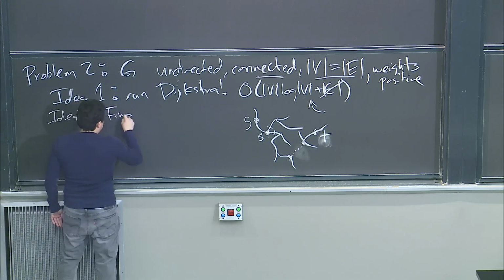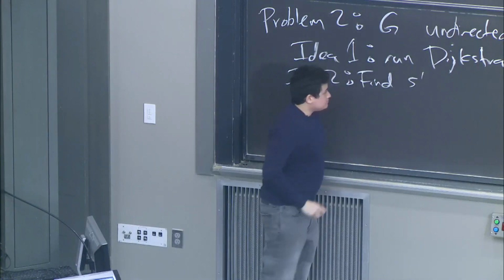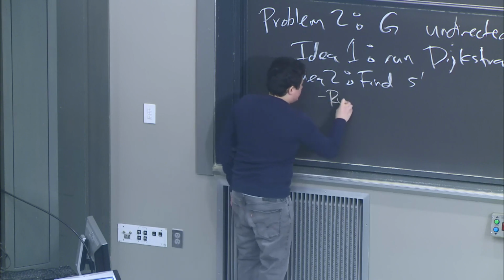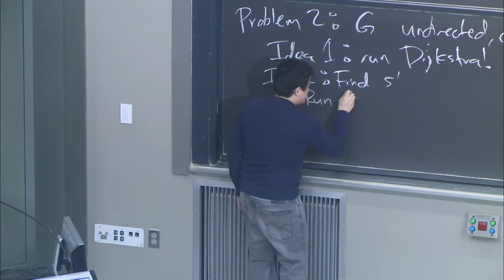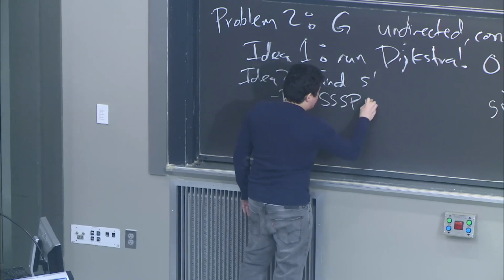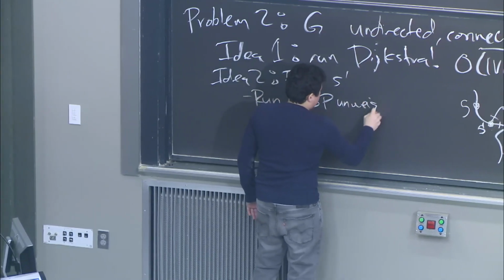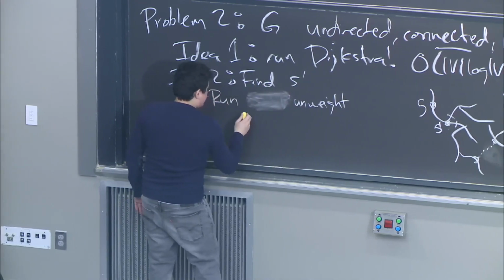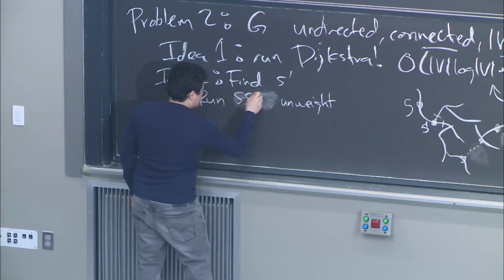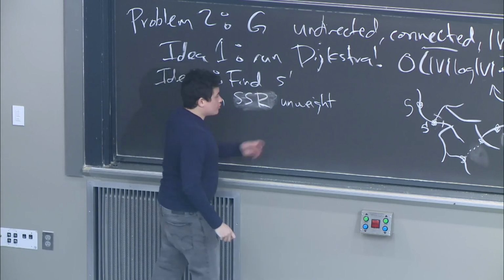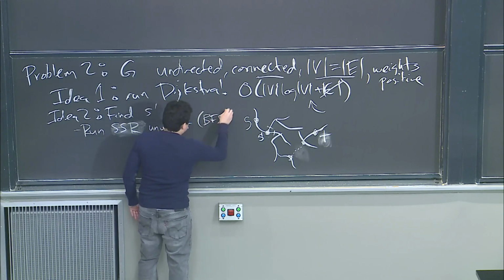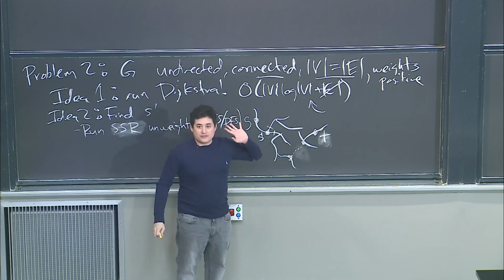First, find S prime, okay? And I can find S prime by running a single source shortest path, unweighted, or rather, run single source reachability, unweighted, from S using BFS or DFS to explore a tree of my graph.